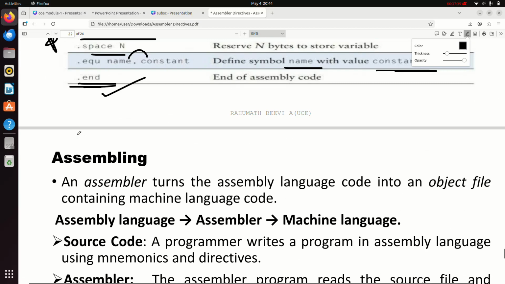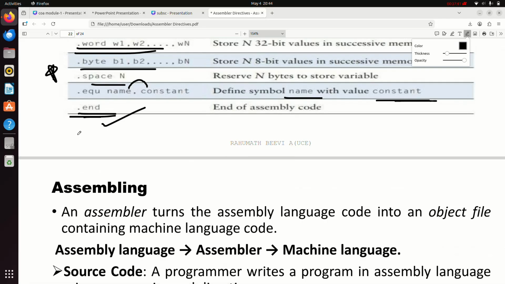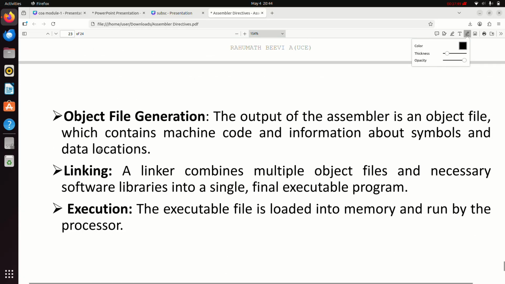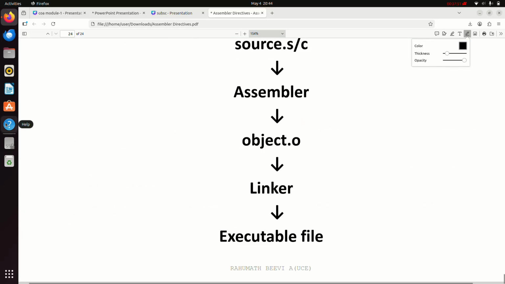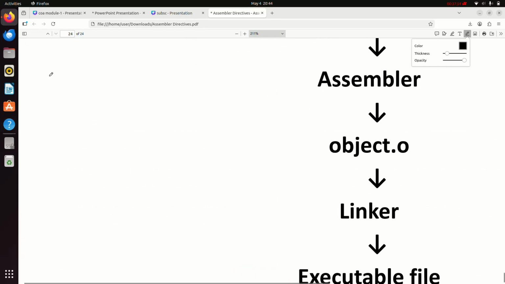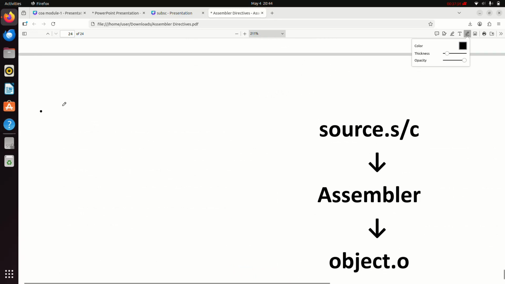Okay, so now we can see some examples. Here, first we have .data. What does .data mean?